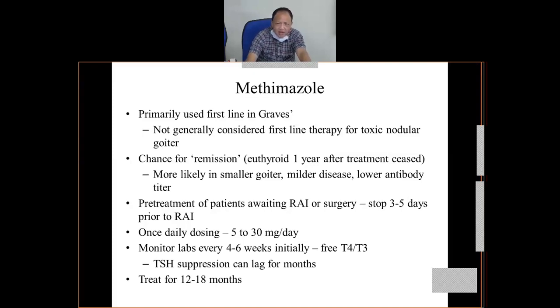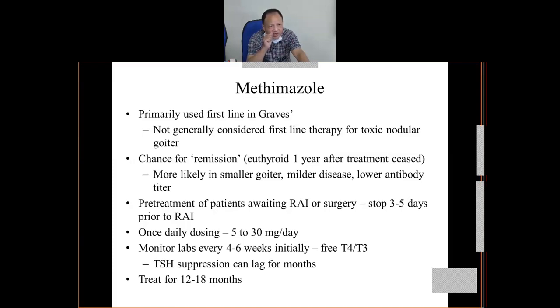What it means is that whenever you change the dose of the thyroid medications, you do not test every week. The minimum that we usually do is preferably 6 weeks, that means 1.5 months. Remember last time we talked about hypothyroidism, I said that usually we test after 6 weeks to know the level.